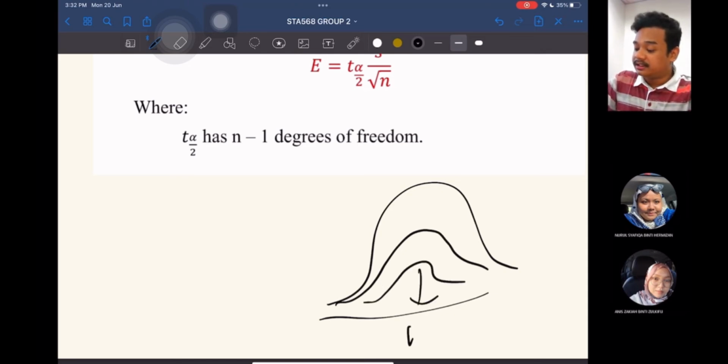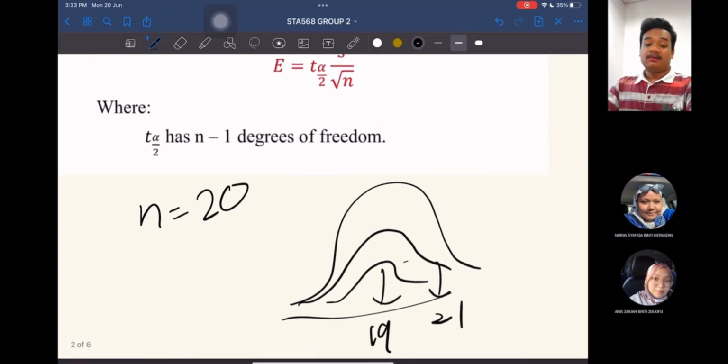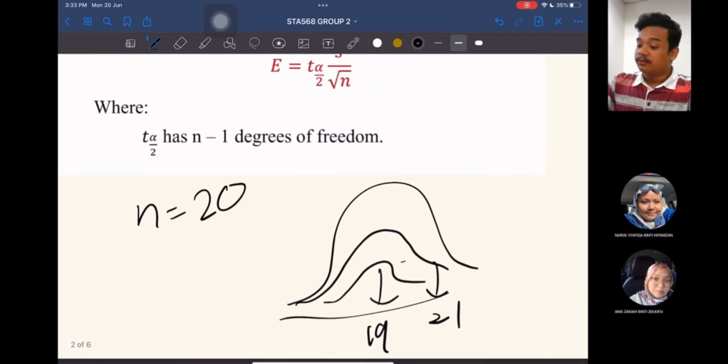For example, this is where n equals 20, so it's 19, and this is n equals 21, for example. So if the sample size increases, it will be close to the Z distribution, which is the standard normal.